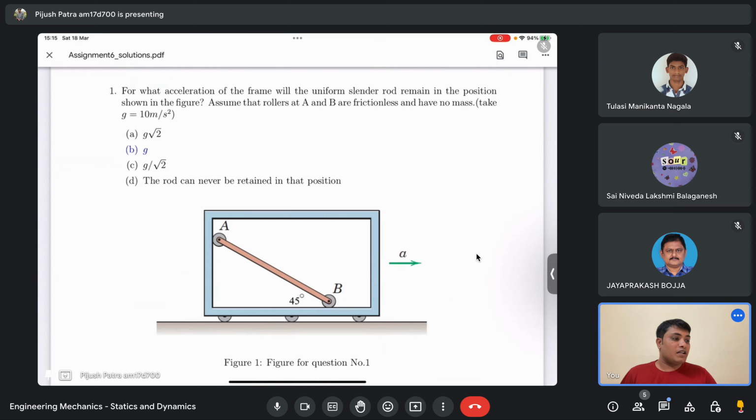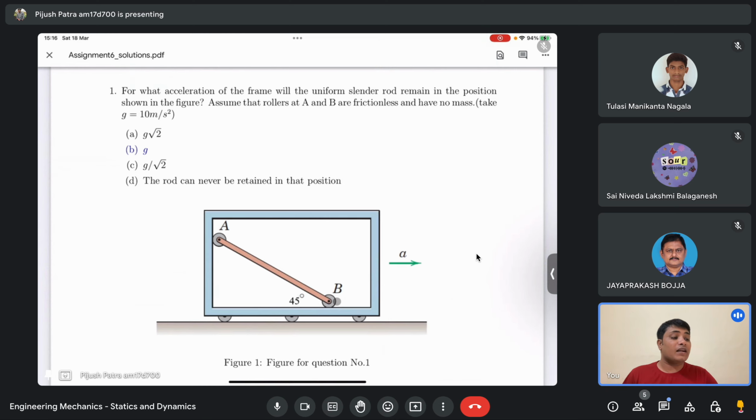So it's a box, and inside that frame there is a slender rod, and the slender rod has a roller at the two ends.